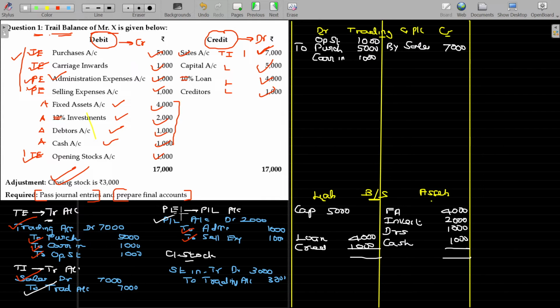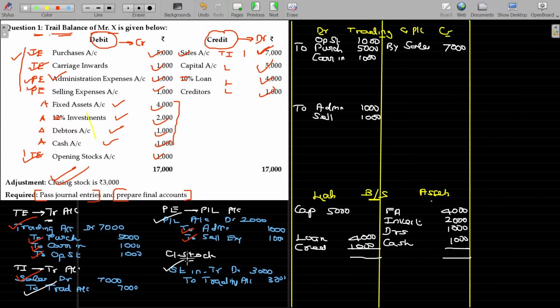And here in P&L account, to admin, 1000 rupees. To selling expenses, 1000 rupees. And in closing stock, there is an adjustment. So stock in trade, debit side means, what does it mean?